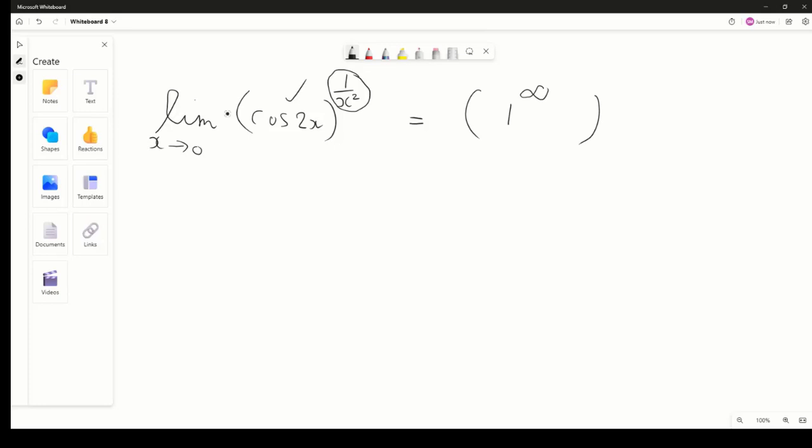Right. So normally, what people do with such problematic exponents is, because of the continuity of the ln function, they introduce the ln function here. Because it's a continuous function, you have the ln of the limit as x tends to 0 of cosine 2x raised to the 1 over x squared.